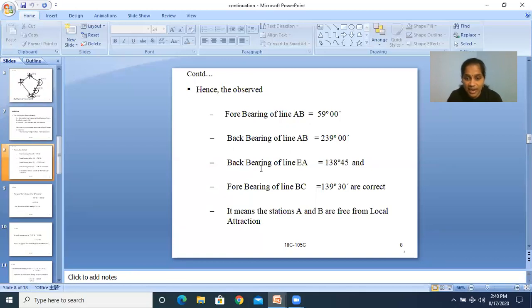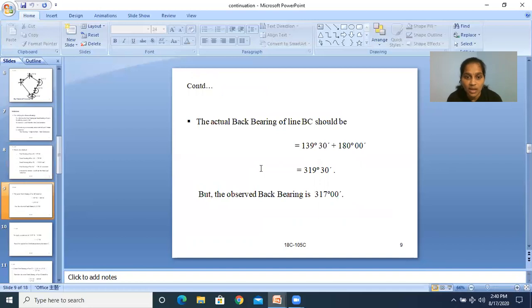It means stations A and B are free from local attraction. So from the known we can calculate the unknowns. The actual back bearing of line BC should be, because the forebearing of BC is correct, immediately we have to calculate the actual back bearing of BC, which equals the correct forebearing of BC plus or minus 180.